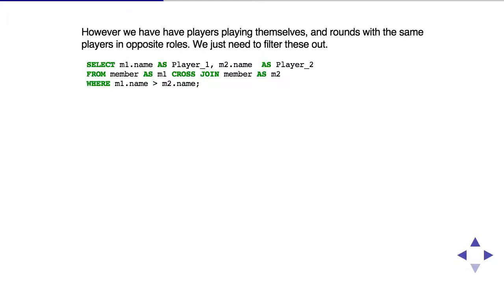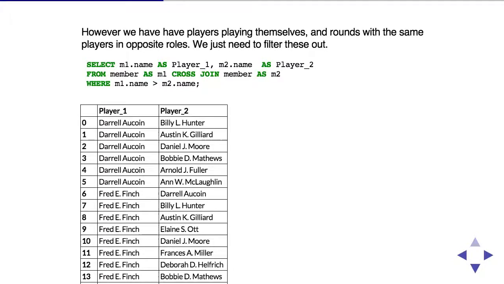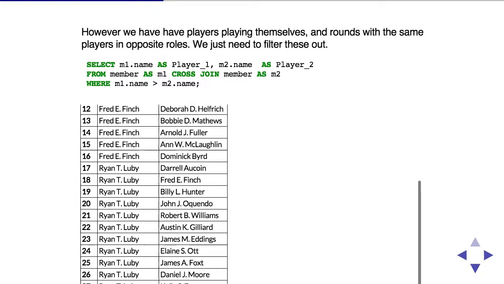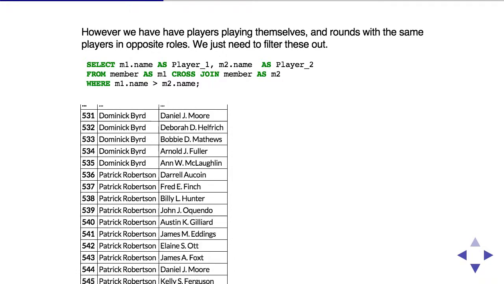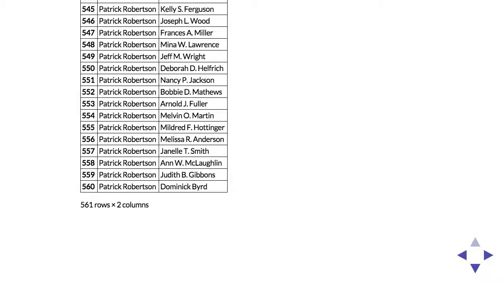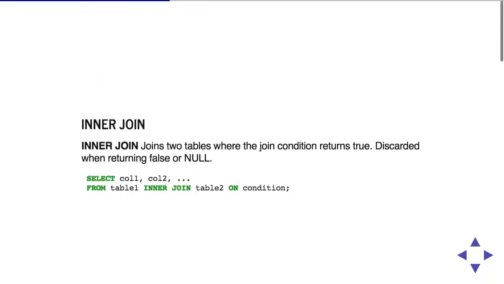So it does do a cross product, but then we filter it out. If we do that, we get a much more organized table, and it returns a lot fewer values. And this is basically what we want if we were trying to go for that condition.